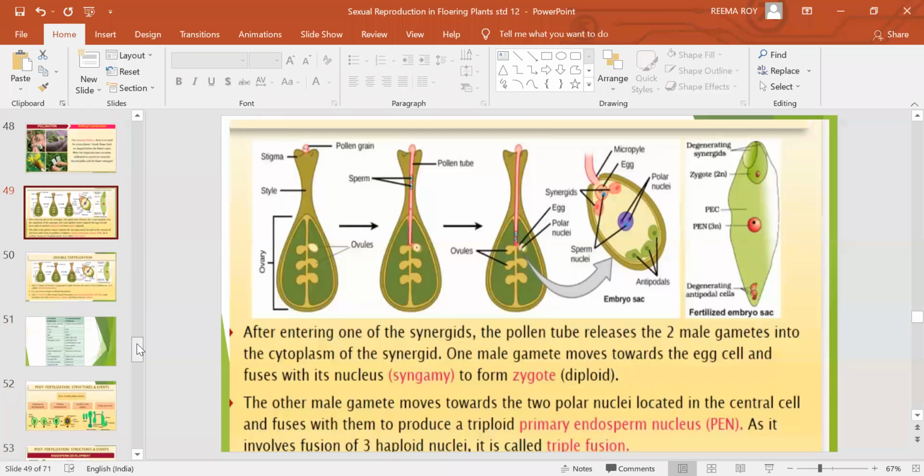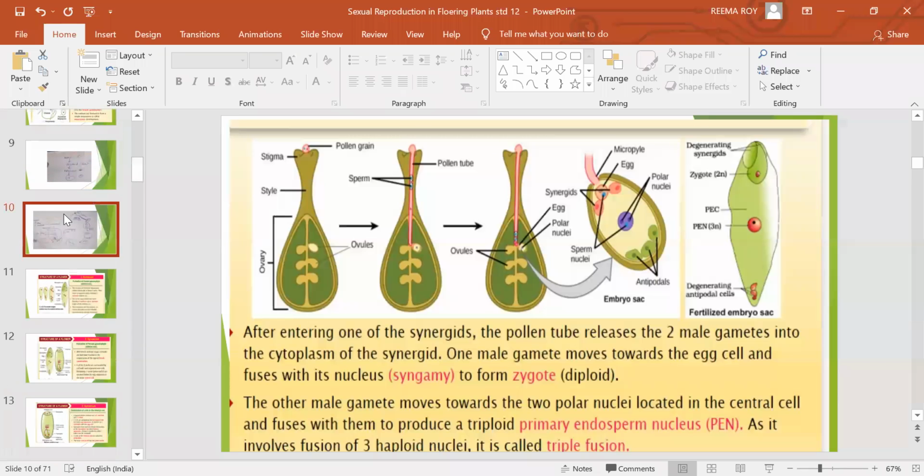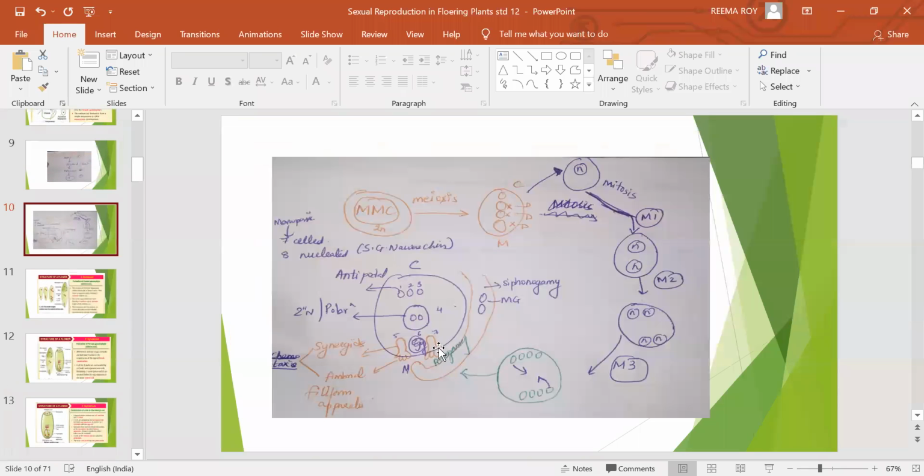I will show you this picture. Here, two male gametes, MG, do you see the male gametes? There are two. They are coming from the pollen tube and will enter over here. Okay, so one male gamete will fuse with the egg. Do you see the egg in the female part?